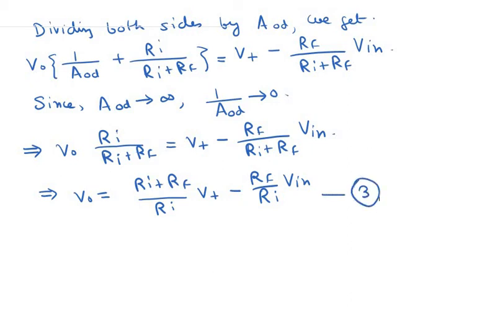Okay, so now let us write equation number 3 in this page. So V0 is basically equal to Rf plus Ri divided by Ri, V plus minus Rf divided by Ri, V in.